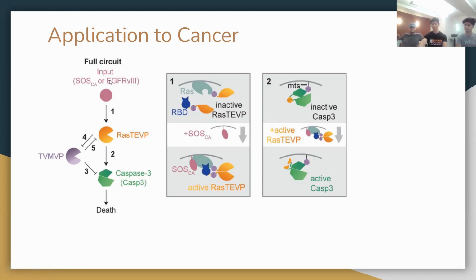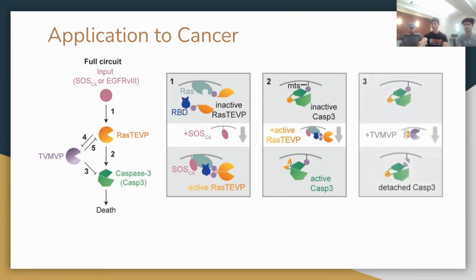If there is a lot of signal here, then the yellow will inhibit the purple and override that inhibition. They add this third component, exactly to your point, to improve the selectivity. So they add this purple Pac-Man to cleave the caspase and prevent it from causing cell death in the absence of signal.